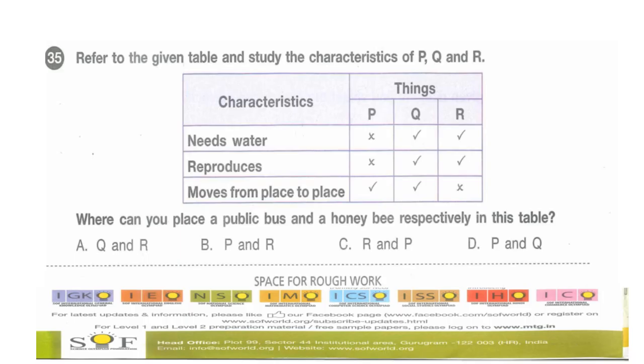Reproduces: Q and R reproduce, P does not reproduce. Moves from one place to another: P and Q move from one place to another and R does not. So we have to say under which things a public bus and a honeybee can be placed.